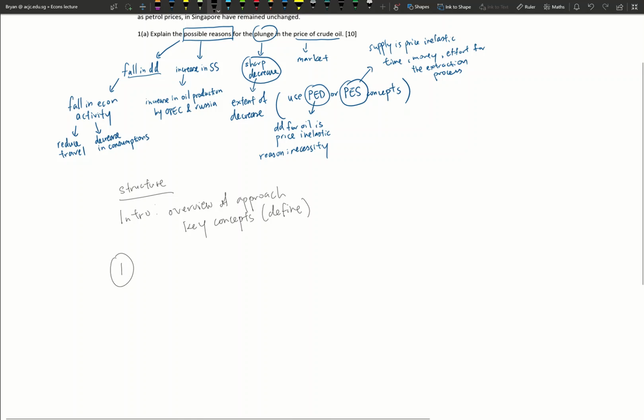And then after that, we'll introduce the demand factor, or a better word, not only introduce, but explain the demand factor that either causes an increase or decrease in price, right? And then we try to support it by PES, to talk about extent.